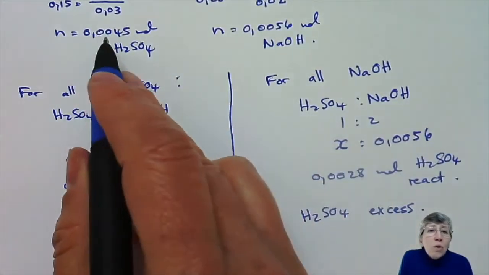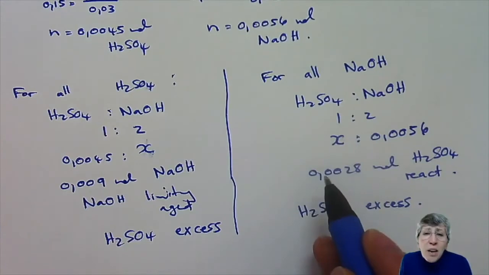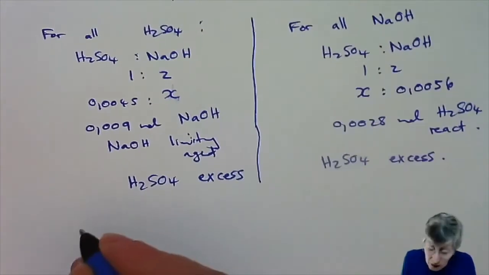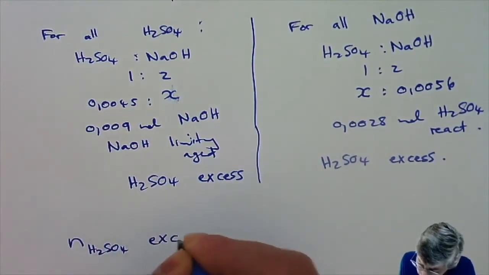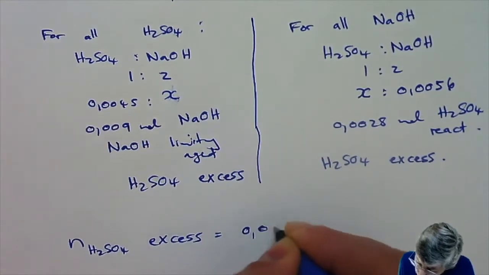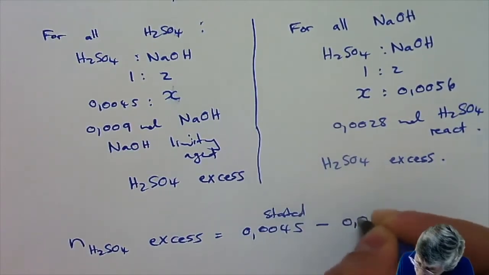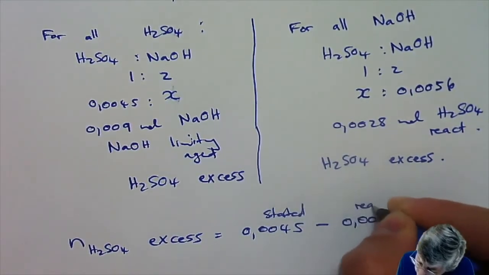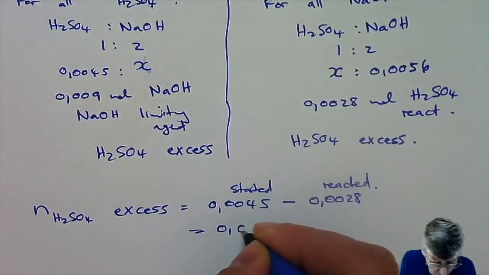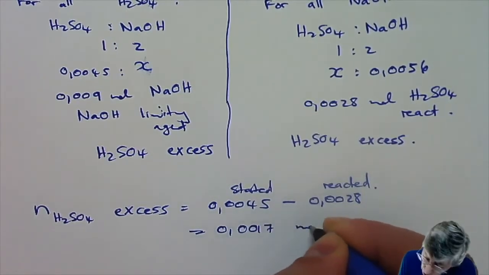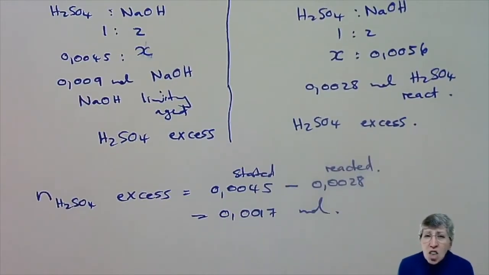Now I started off with 0,0045, and for all the NaOH to react, I used 0,0028. So the moles of H2SO4 in excess will be 0,0045 that I started with minus 0,0028 that reacted. And that gives me 0,0017 moles.